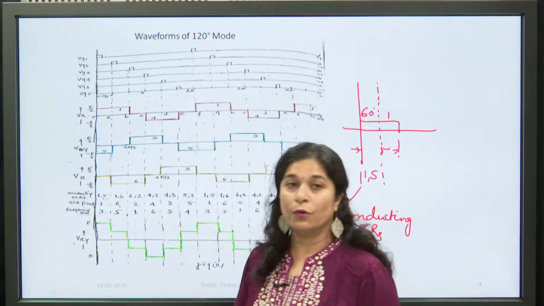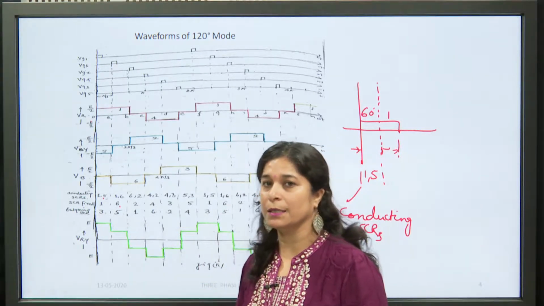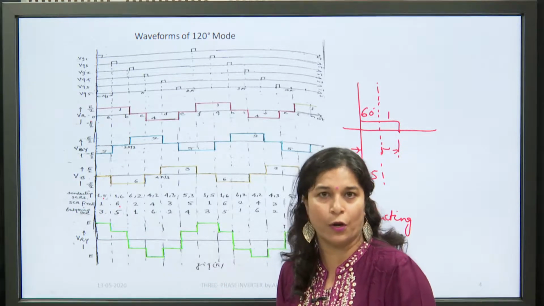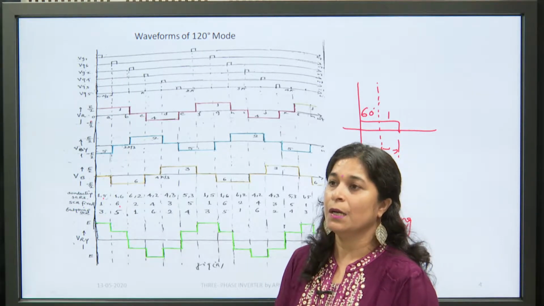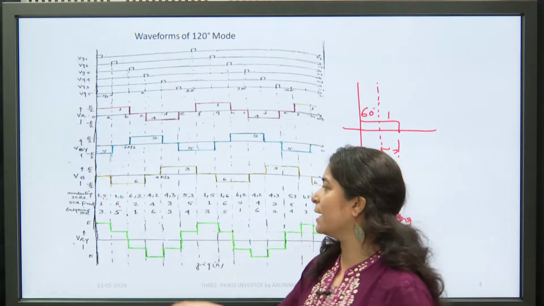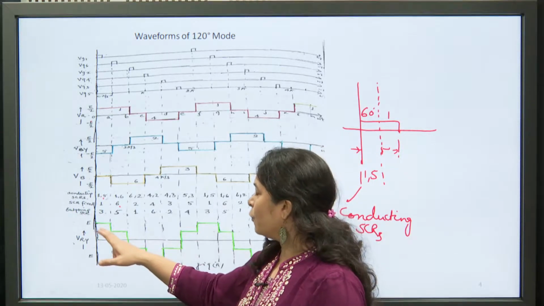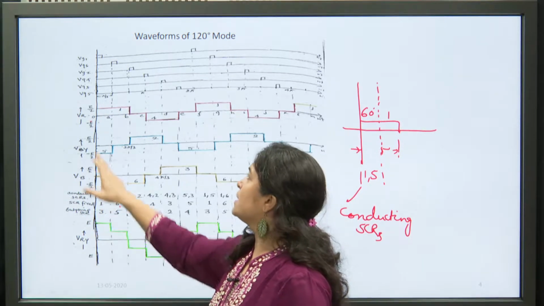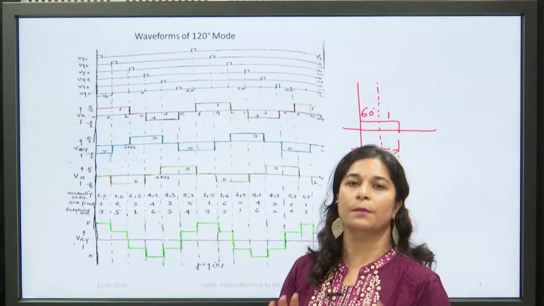Now, as you know that DC input is being given, so obviously we have to apply a certain kind of commutation technique, because if we are not having load of such sort that we can have AC load of that type, we can commute the SCRs from the load's end. Basically, if we commute the SCRs from the supply side, then we have a DC and we have to apply a forced commutation technique. Now, under forced commutation technique, we have to ensure that when one SCR is fired, the outgoing SCR which was already conducting is completely turned off.